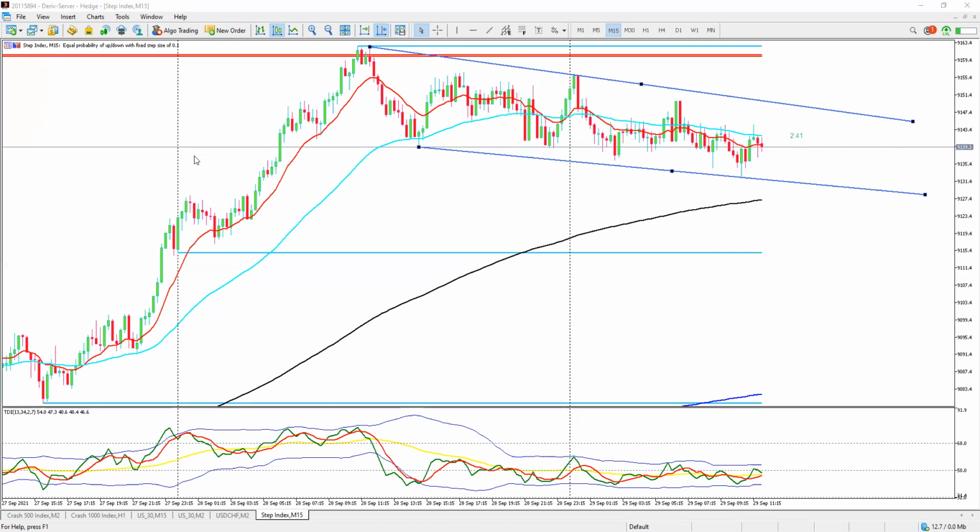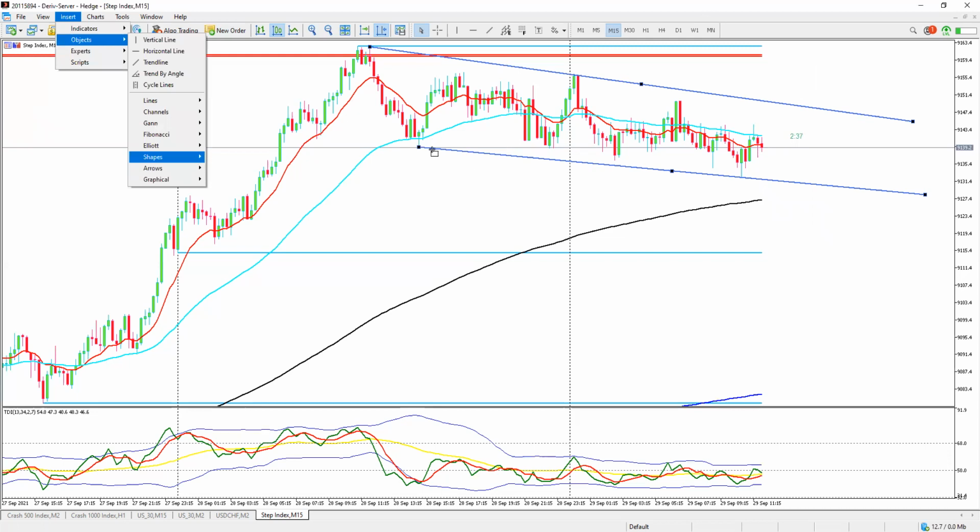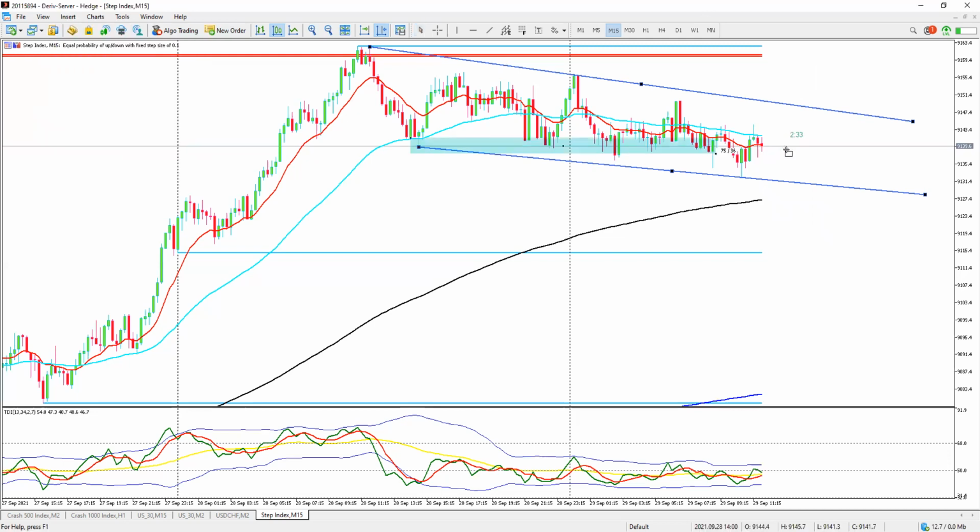The basics of zones is you want to see the reaction of price on the zone. You want to see the reaction of price on the zones.